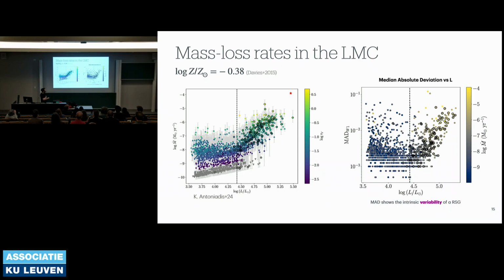Now on the right, we have the median absolute deviation of the WISE-1 band. This band is around 10 micron, and it probes, let's say, the intrinsic variability of the red supergiant. And you can see that the kink is roughly located at the same position. So the mass loss correlates with variability.